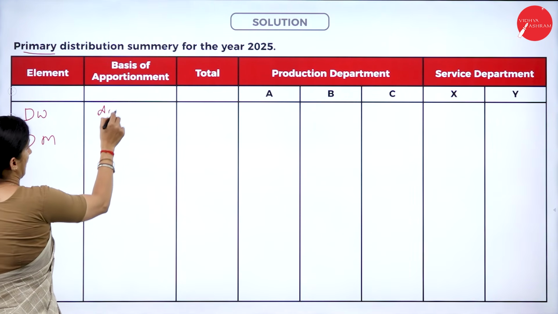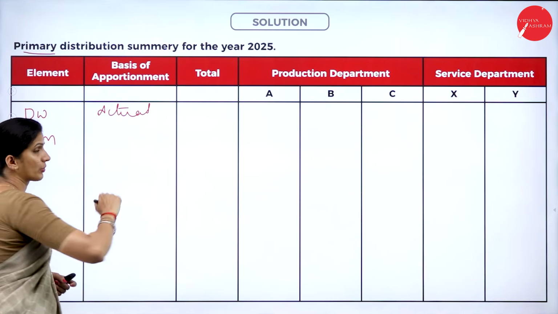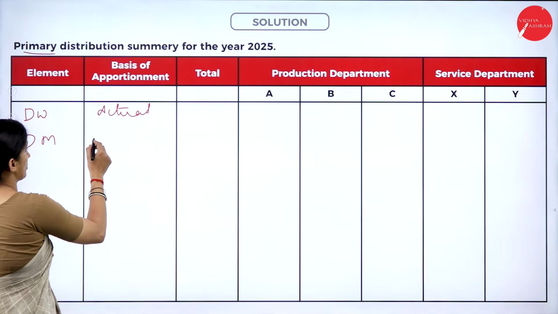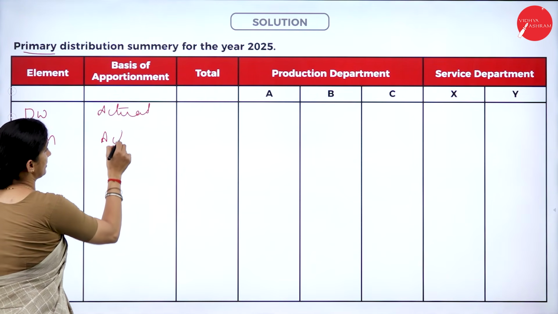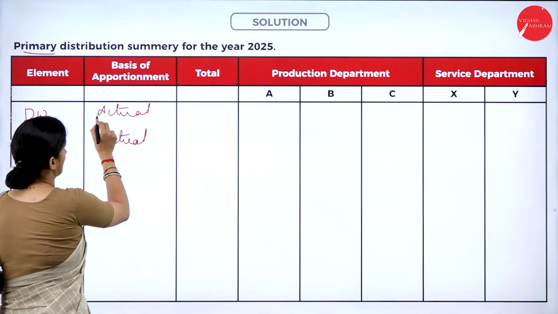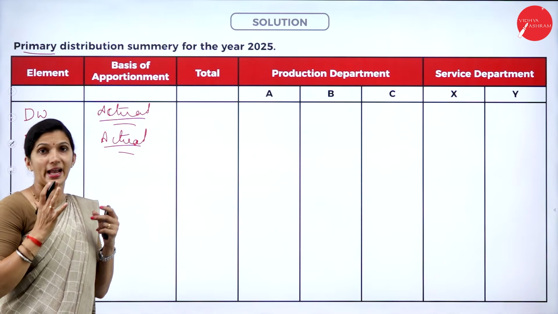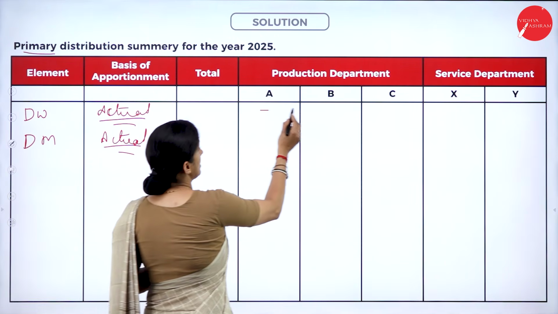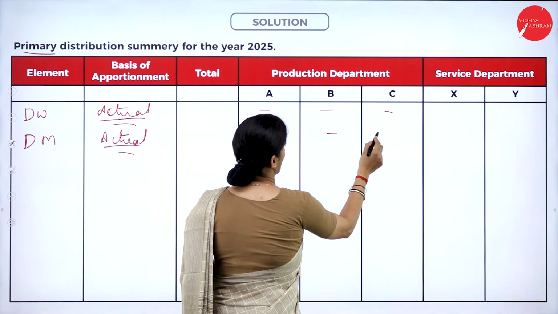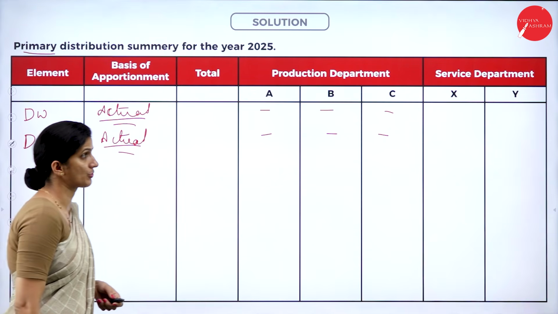These two are very important to write before we allocate the overhead. Whatever actual amount is given, we have to write, and that too only for the service departments, X and Y.